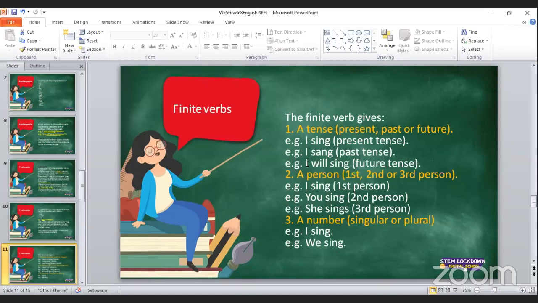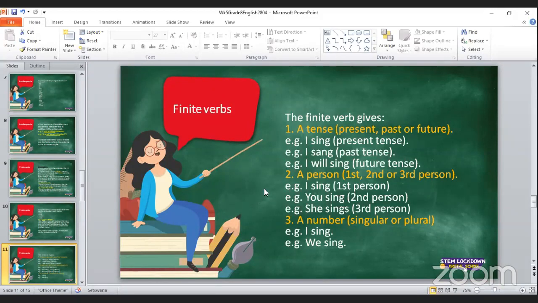In the first example, sing is my finite verb, and it shows that the subject I is in the present tense. I sang: sang is the past tense of the word sing. I will sing: you realize that sing is still in the present form, but because of the auxiliary verb will, it tells us this is in the future tense. I hope you're all with me on that one.